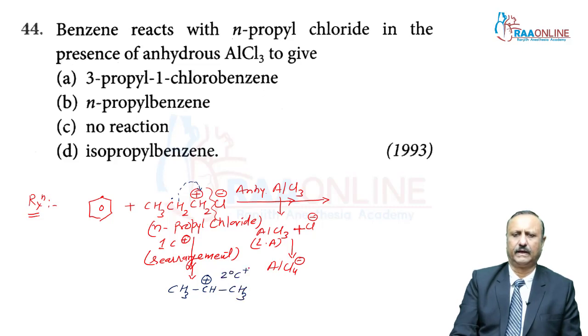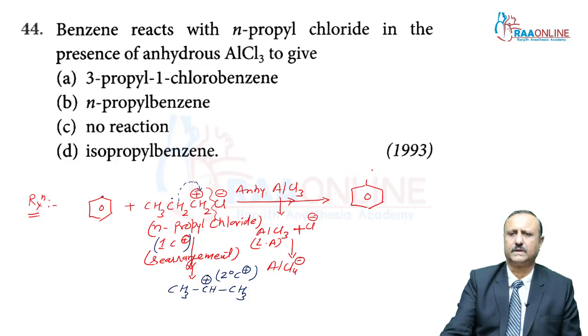And you know very well, this secondary carbocation is more stable than this primary carbocation. So, it occurs, and you can see here CH, CH3 and CH3 is formed.